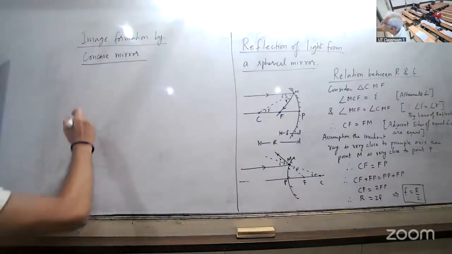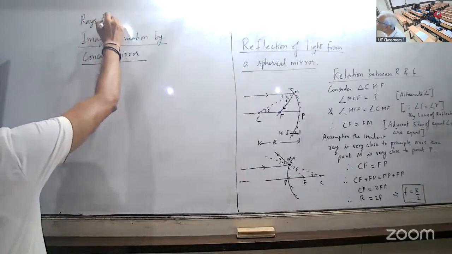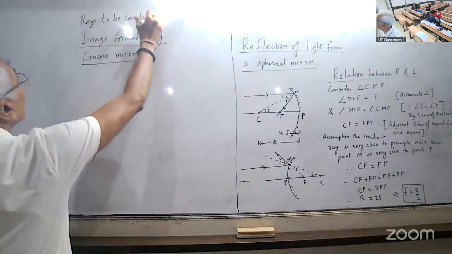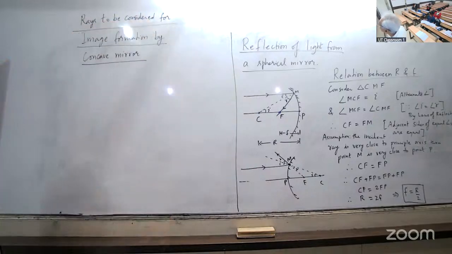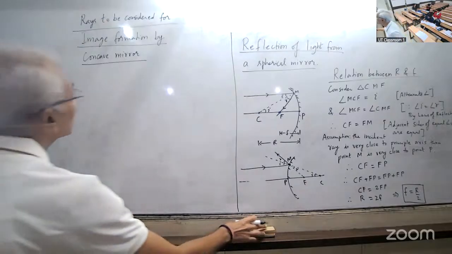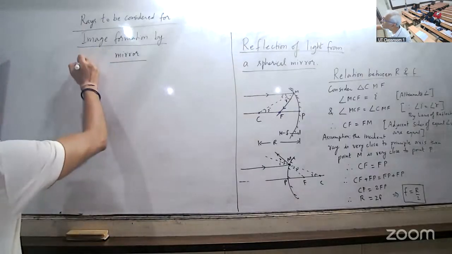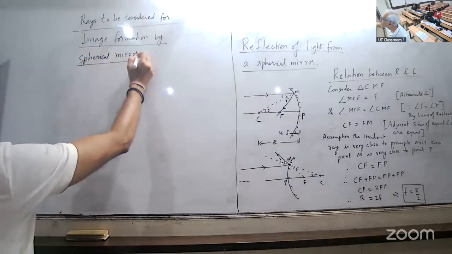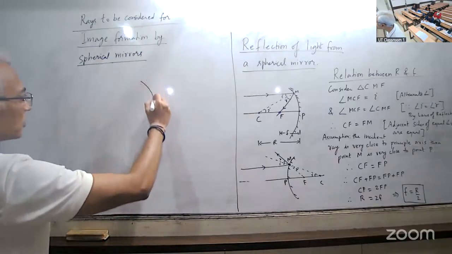So we will first discuss the rays to be considered for image formation by a concave mirror. Now, instead of concave, we write spherical. Okay. So first, let us draw the mirror.